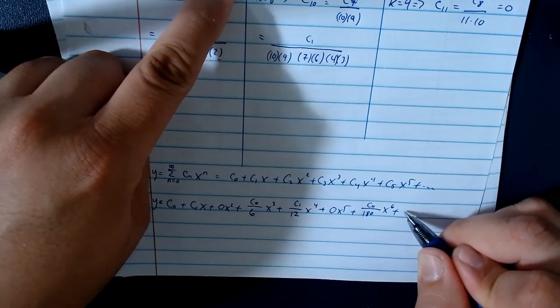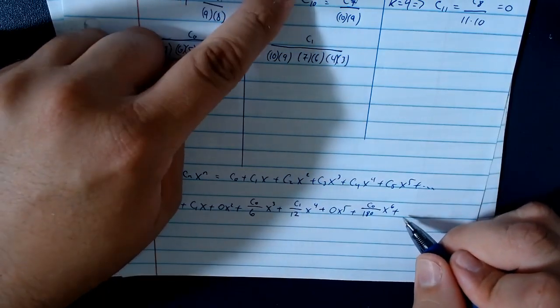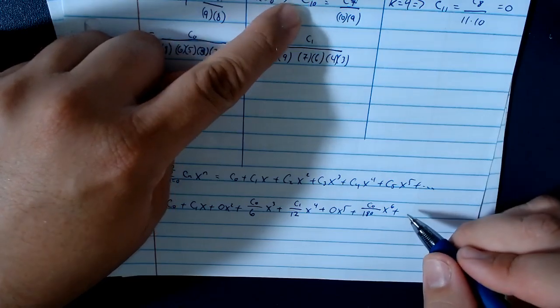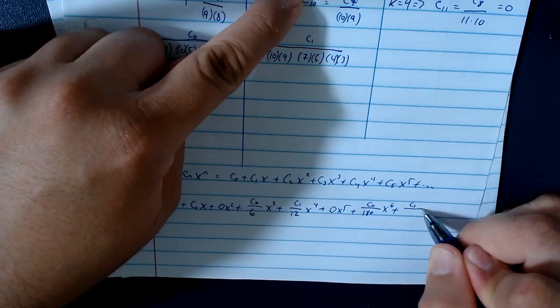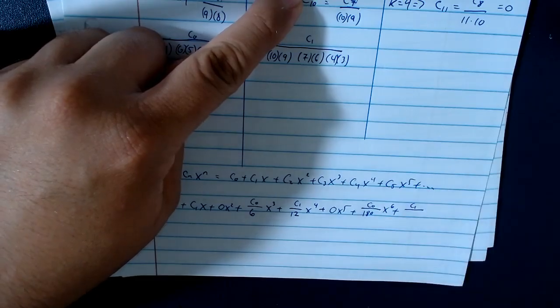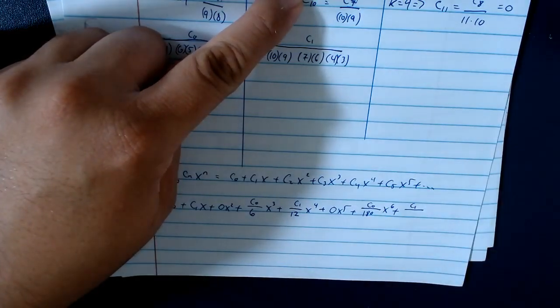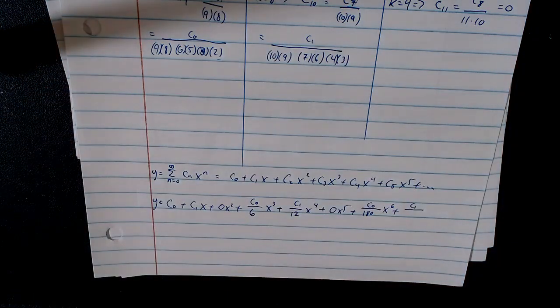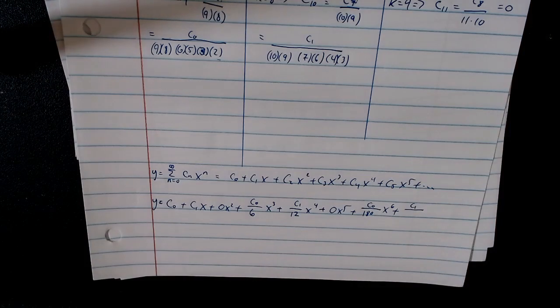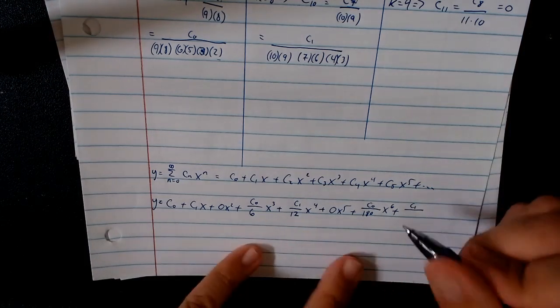Plus, let's see, our next one is what, C7? So that's going to be C1 over 7 times 6 times 4 times 3. Oh, let's see, that's 7, 6, that's 42, and that's 504.